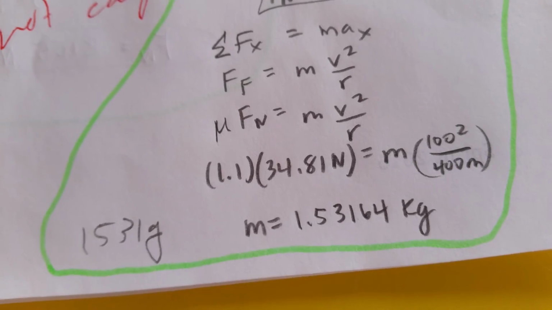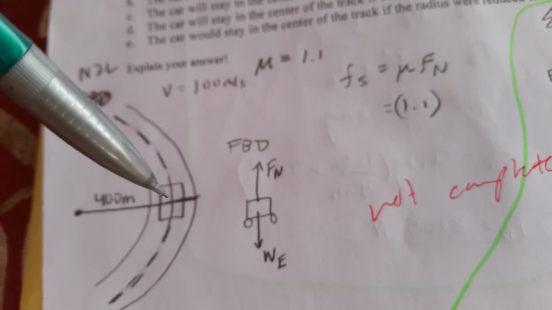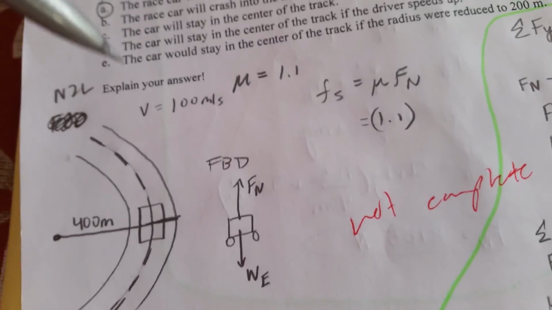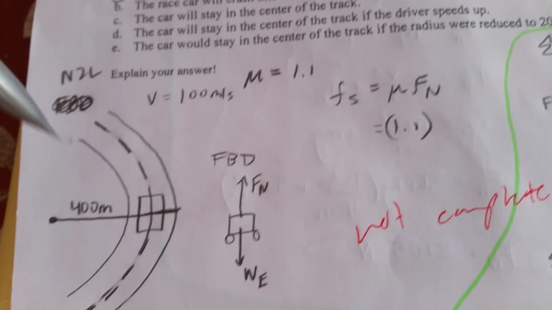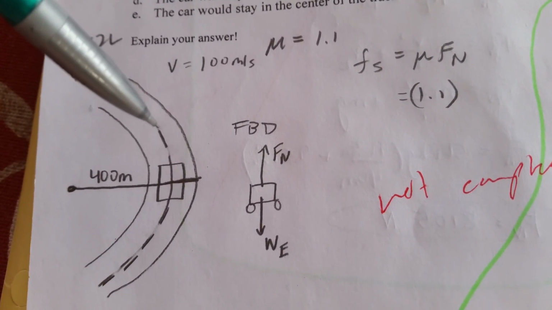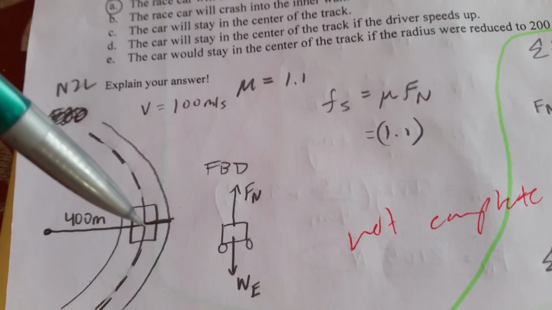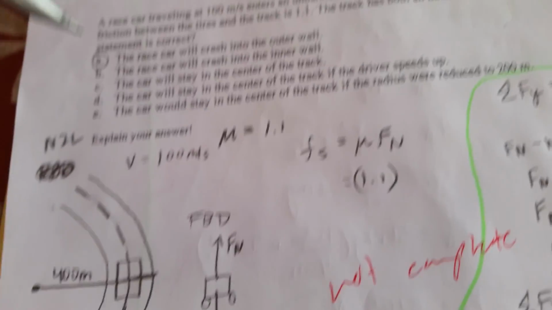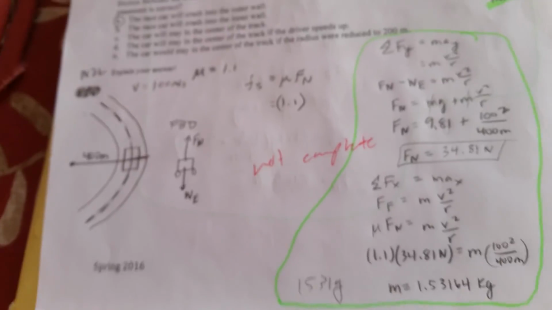So because that mass is so small, that obviously means that the car is going too fast. So I just said the car is going too fast for the curve. So if it's going too fast, the car is just going to crash into the outer wall, which is A for my final answer. And then that was the end of the quiz.